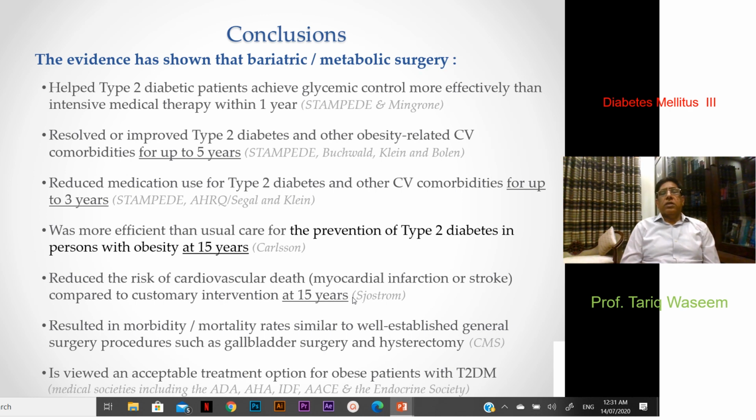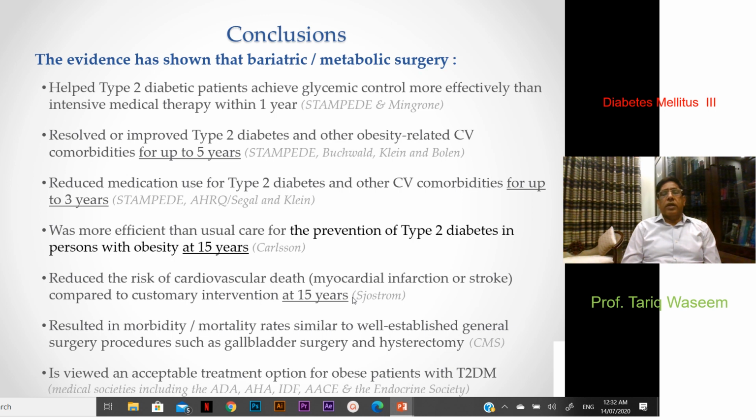There is reduced medication use for diabetes mellitus and other cardiovascular disease morbidities in patients who underwent this bariatric surgery. It was more efficient than usual care for prevention of type 2 diabetes mellitus in patients with obesity at the age of 15. It reduces the risk of cardiovascular death, myocardial infarction and stroke.